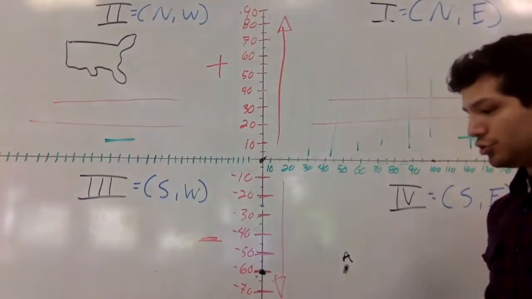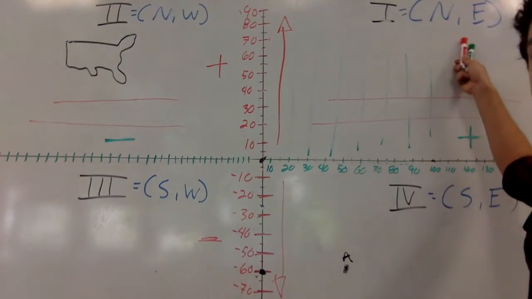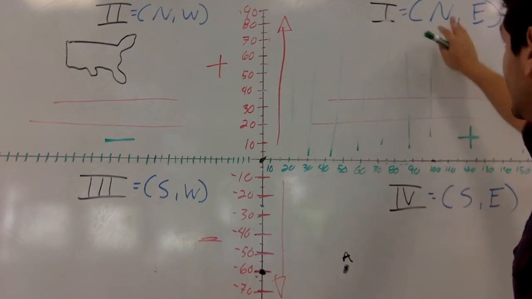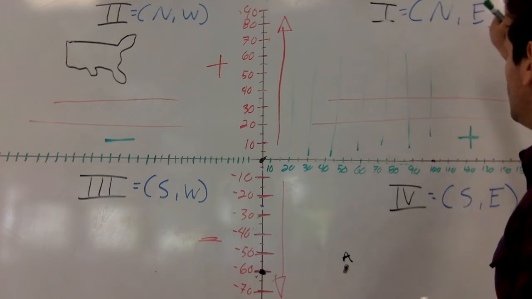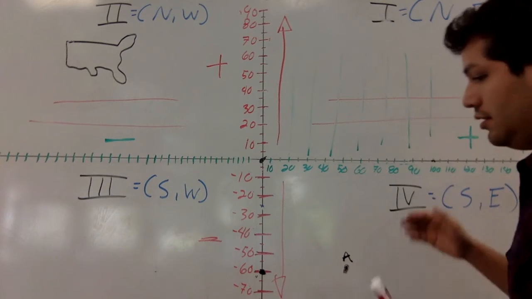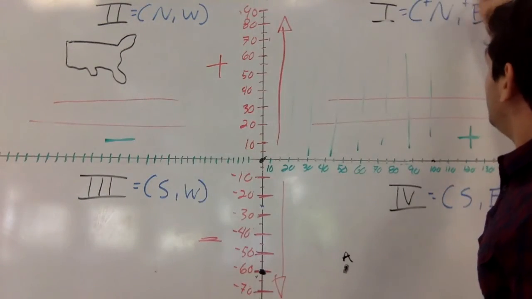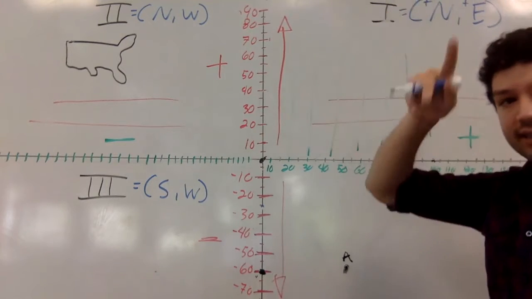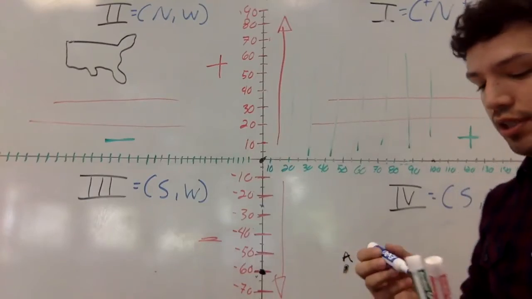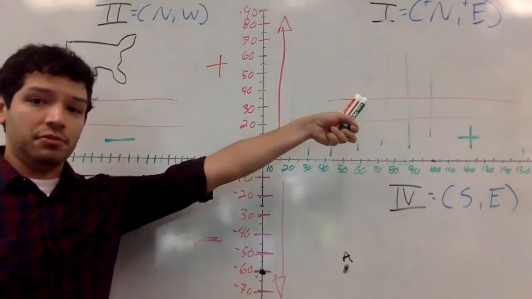So let me edit these now. Anytime it's north or east, both my numbers are going to be positive. So positive, positive. You don't need to write the little plus signs when they're positive. They're only needed when they are negative. So quadrant 1, both numbers positive.